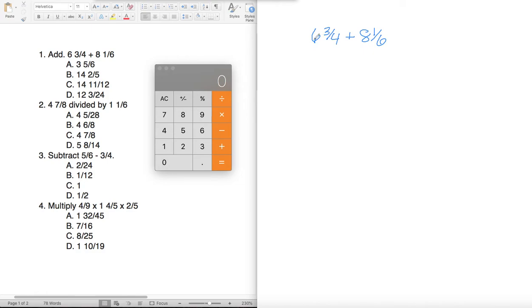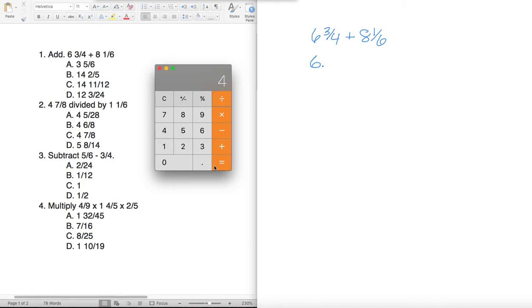So if it's a mixed number, meaning a whole number and a fraction, write the whole number part down and then the decimal place. And then we're going to use the calculator to figure out what the value is of the fraction part in decimal form. So for 3/4, you're going to do 3 divided by 4.